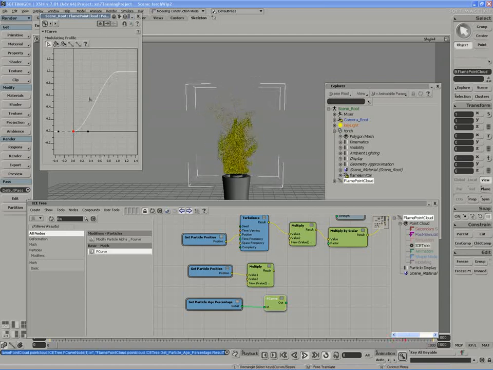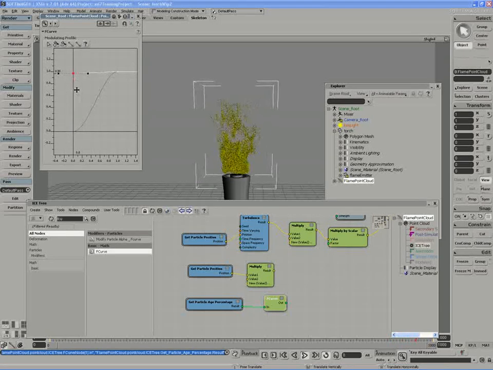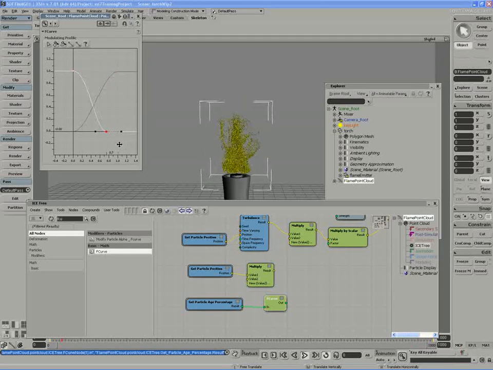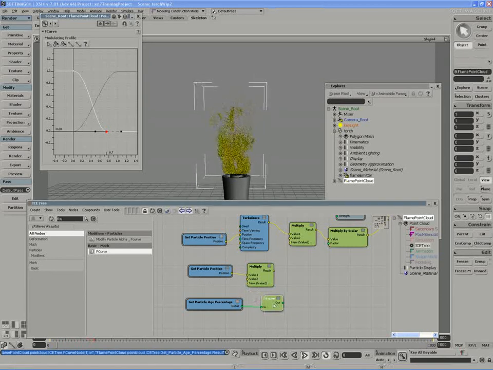So we just need to reverse these curves, and of course I can boost the values higher than their defaults of 1 and 0. I also want the particles to have absolutely no movement, not at the end of their life, but just a little bit before the end of their life. So as the particles reach about 72% of their lifetime, they cease moving back and forth so much, or intertwining or interchanging positions.